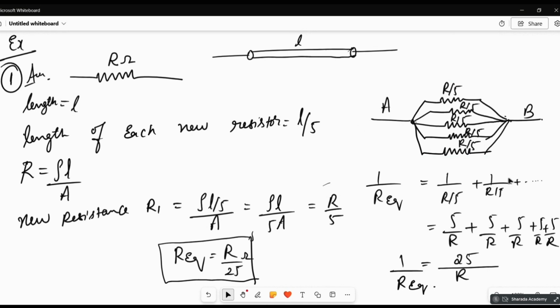We know the parallel resistor formula: 1 by R equivalent is equal to 1 by R1 plus 1 by R2 until 1 by R5. Each resistor value is R by 5. 1 by R by 5 will become 5 by R. Like that, 5 is there. Same denominator, add all the numerators, 25 by R. Or R equivalent is equal to R by 25 ohms.